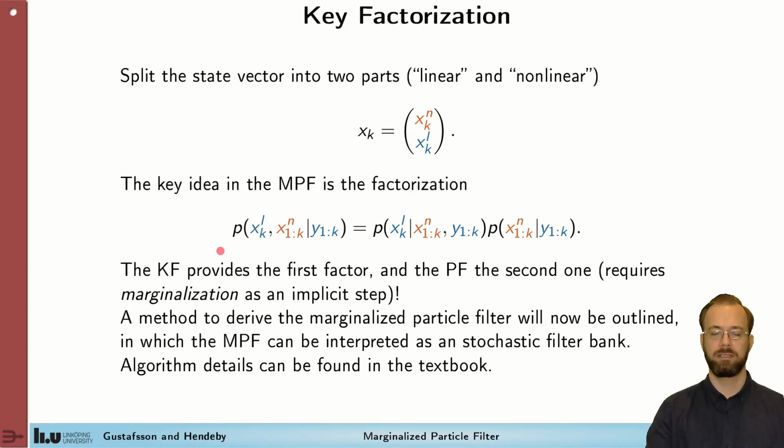That means that we can factorize the posterior distribution, which is the probability of XL and XN given all the measurements, in this way, where we have one part that is the PDF of XL given the XNs and the measurements, times a part that is only the probability of XN given the measurements.